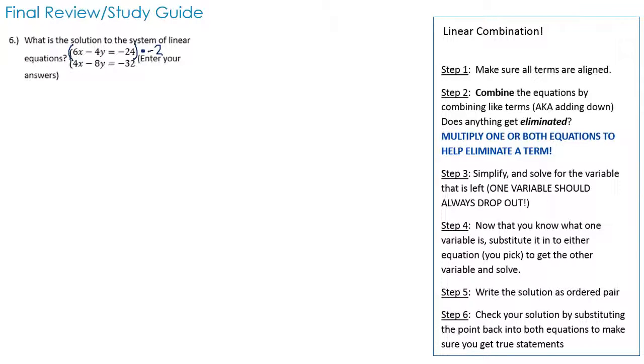So when we do that, the top equation is now negative 12x plus 8y is equal to positive 48, and the bottom equation stays the same. So 4x minus 8y is equal to negative 32.